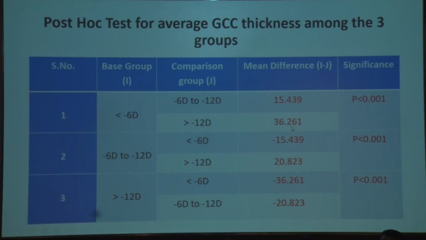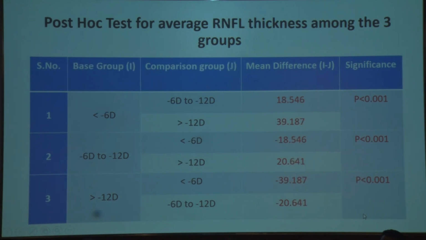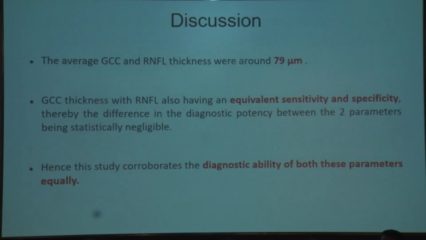To reaffirm the one-way ANOVA test, a post-hoc analysis was also done, where the difference in the thicknesses between one group and the other 2 groups were also compared for both GCC as well as the RNFL. And again, you can see that all the values were statistically significant, both for GCC as well as the RNFL thicknesses, as given in these tables.